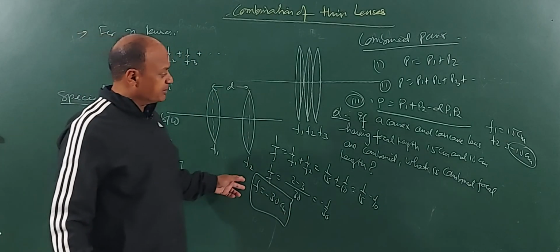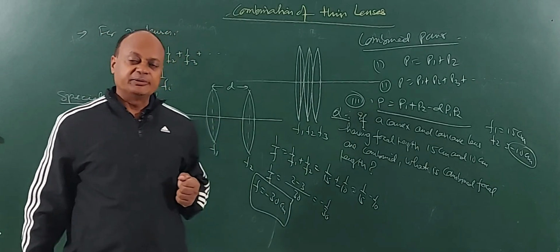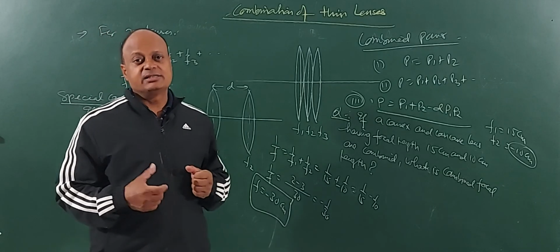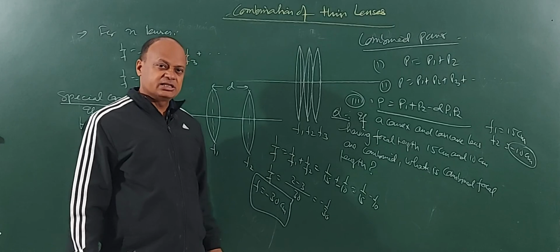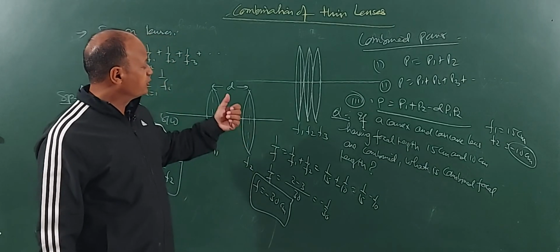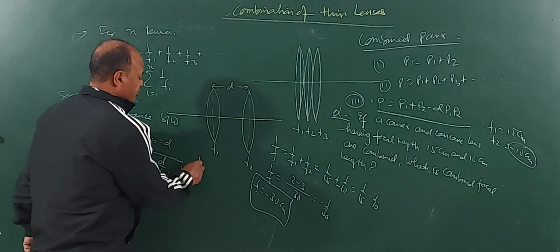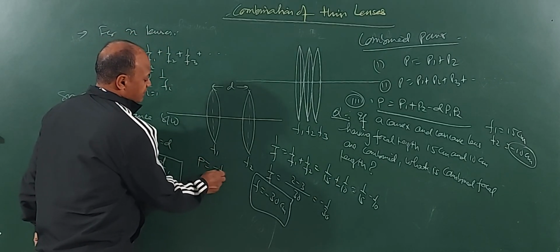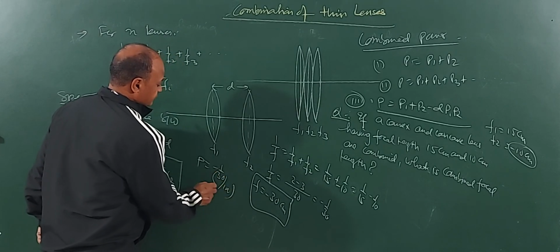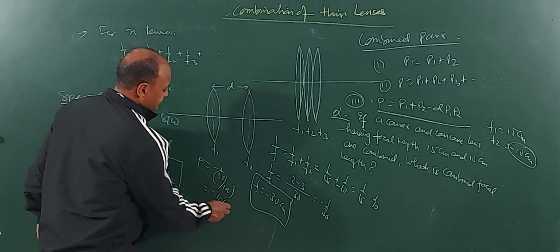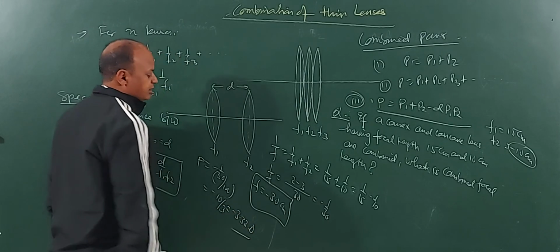So the focal length has become negative. That means the combination will act as a concave lens having focal length 30 centimeter. And suppose they ask you power, so combined power P will be equal to minus 1 by 30 by 100. So it will be minus 10 by 3, that is minus 3.33 diopter.